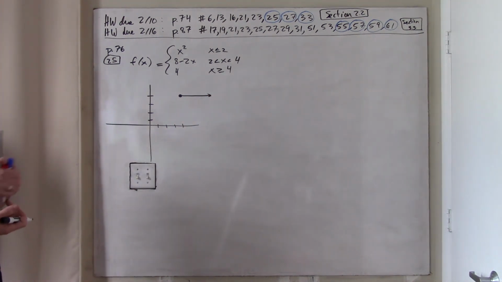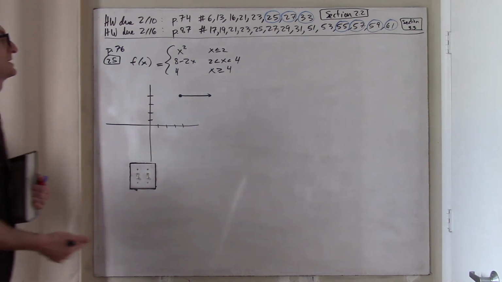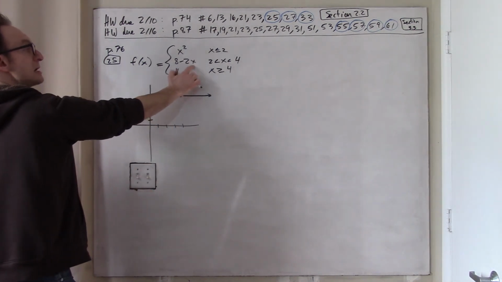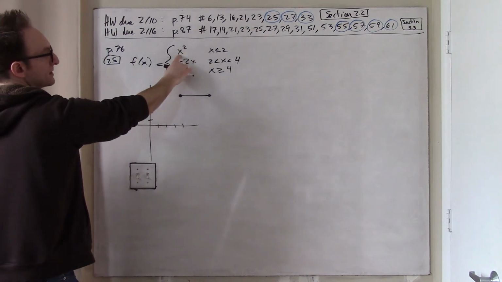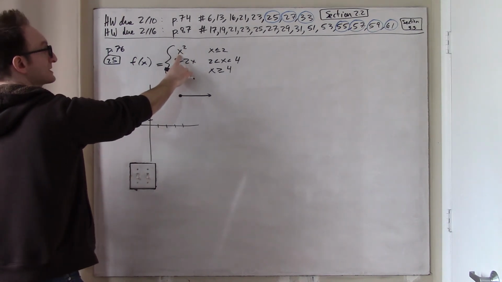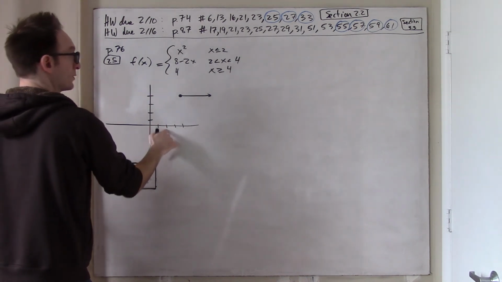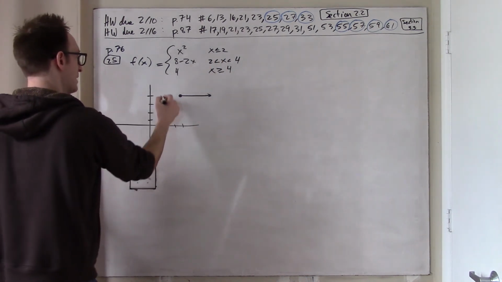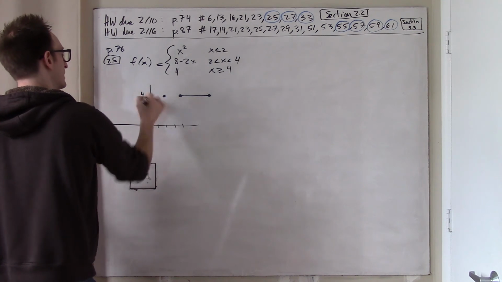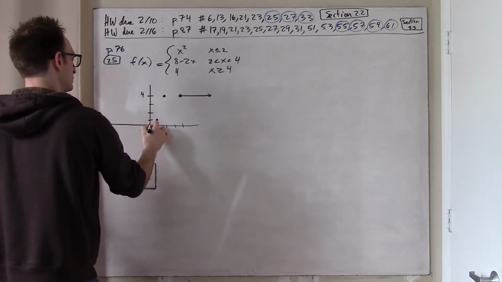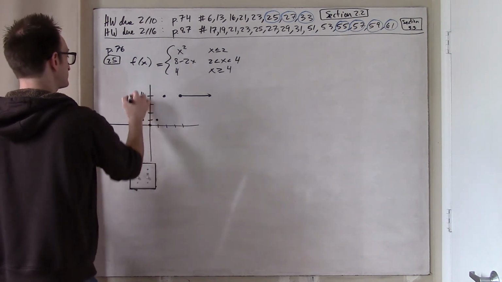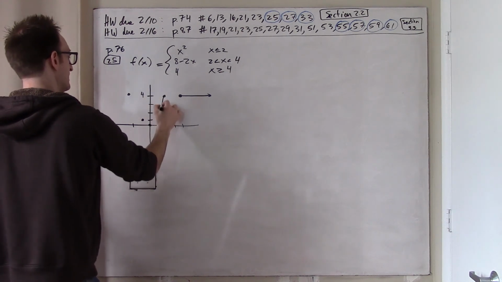So it's a constant function. Between 2 and 4, what do I do? Well, maybe I'll fill it in one piece at a time. For x less than 2, I should follow the rule x squared. So when x is 2, the output is 4. So that's 4. And now I'm just following the rule y equals x squared for all of those.